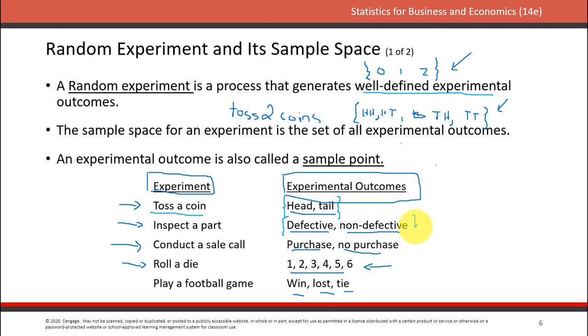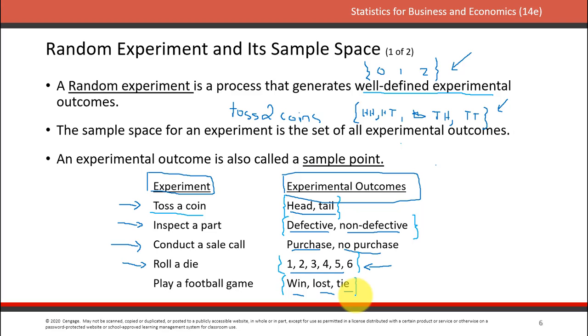For example, defective and non-defective. And here, conducting a sales call, we could say the outcomes are either a purchase or no purchase. Or rolling a die, we could say the outcomes are this. Or playing a football game, we could say the outcomes are this.